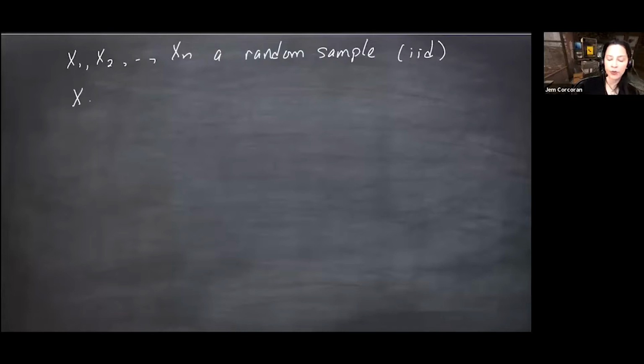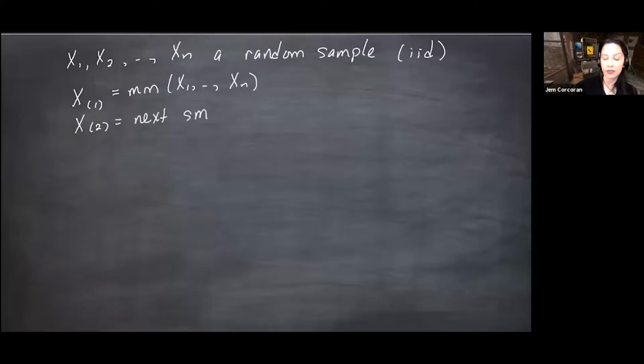One, which is the one I think we're going to use, is X1 in parentheses is the minimum of X1 through Xn, and X2 in parentheses is the next smallest, out through Xn in parentheses, which is denoting the maximum of X1 through Xn.